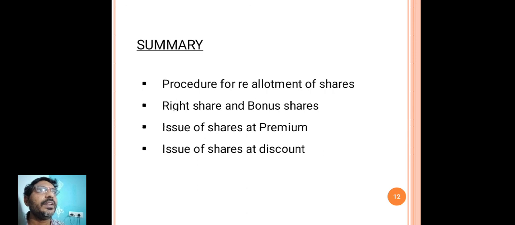The forfeited shares are reallotted to the existing shareholders, or can be issued again to others.